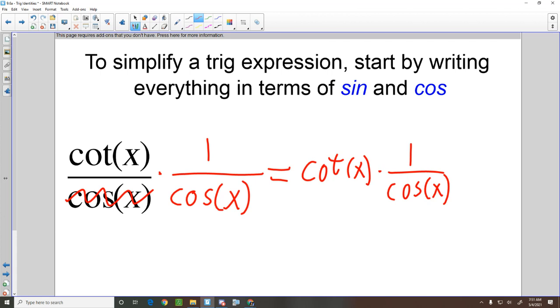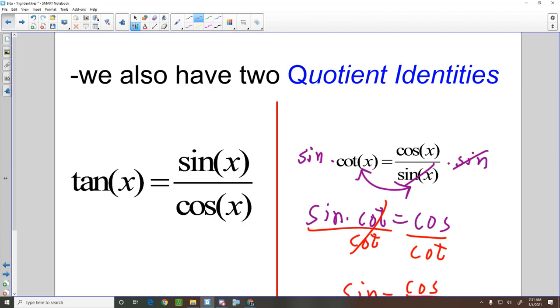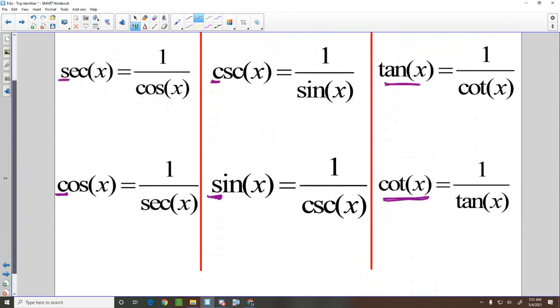What I'd want to do is change this cotangent. So think about those identities, the reciprocal identities and the quotient identities. And if I go back to this slide, we see that, hey, cotangent, I know that one. It's right here. And cotangent is 1 over tangent. I could replace the cotangent of x with 1 over the tangent.